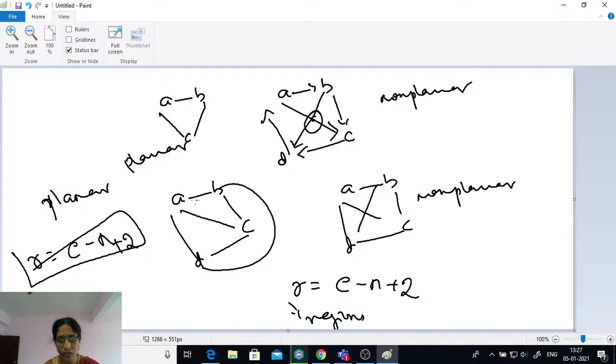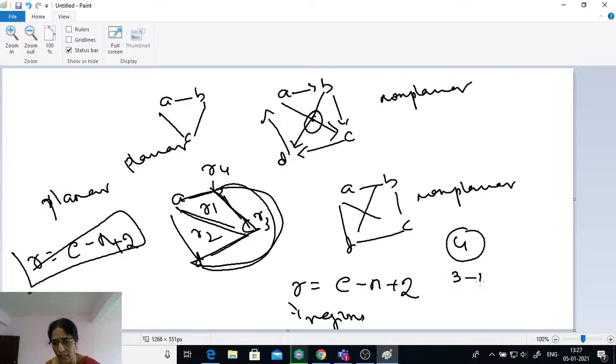So how do you find the number of regions? This is one region, one cycle is one region, and this is another region, and this one is B, D, C: B to D, D to C and C to B. This is another region. The total outer area is also another region. That means 4 regions are there: 3 are interior regions and 1 is the exterior region.